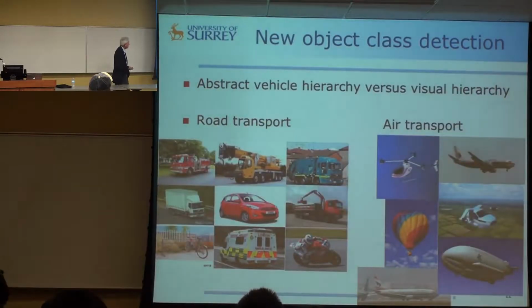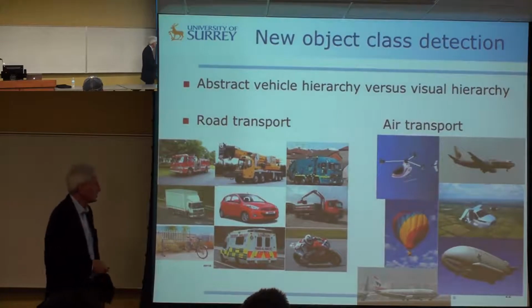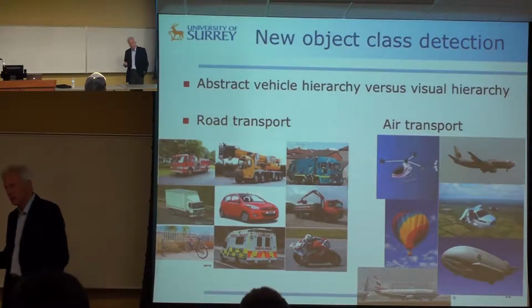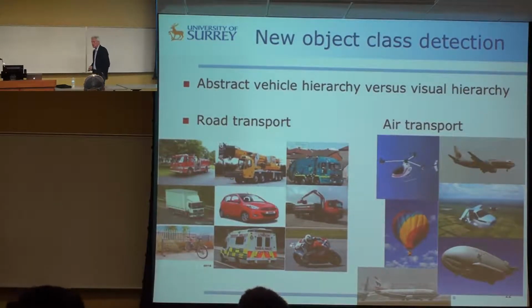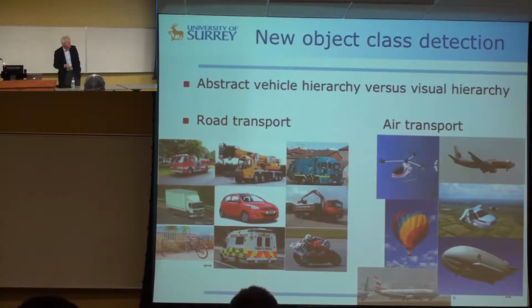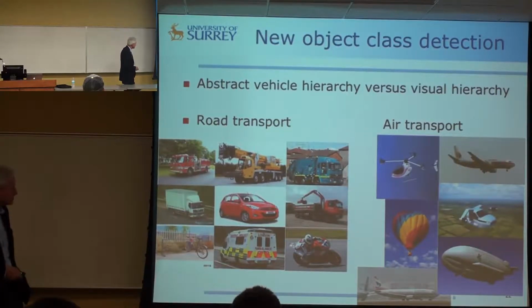They showed it on motorbikes. We actually tried to repeat it on motorbikes and tried to use it on other classes of objects, but it turned out that if you, for instance, consider air transport against road transport, then it didn't work very well.